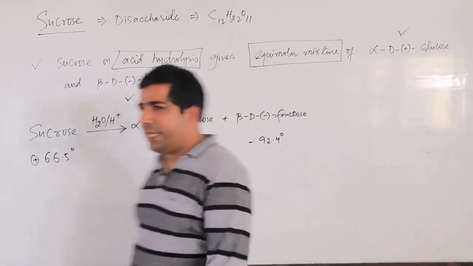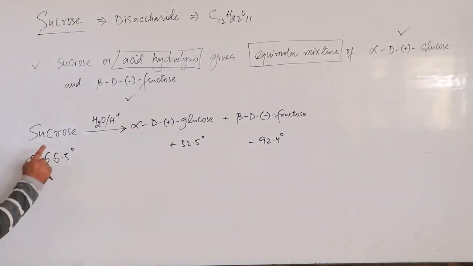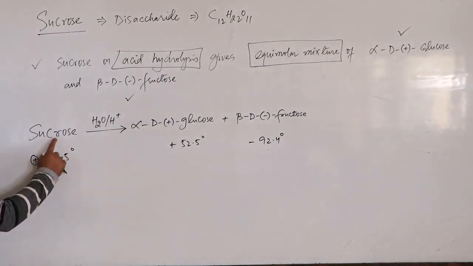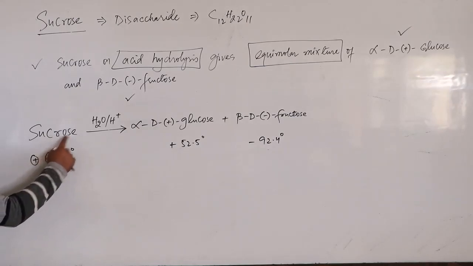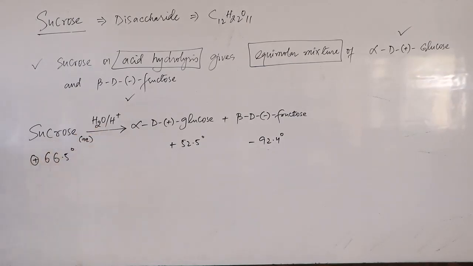Now you may be thinking, what are these terms here? See here, this is the optical rotation. And how much is the optical rotation of sucrose? When you make a solution of sucrose, let us suppose, obviously you are doing acid hydrolysis, so it will be aqueous only, correct?